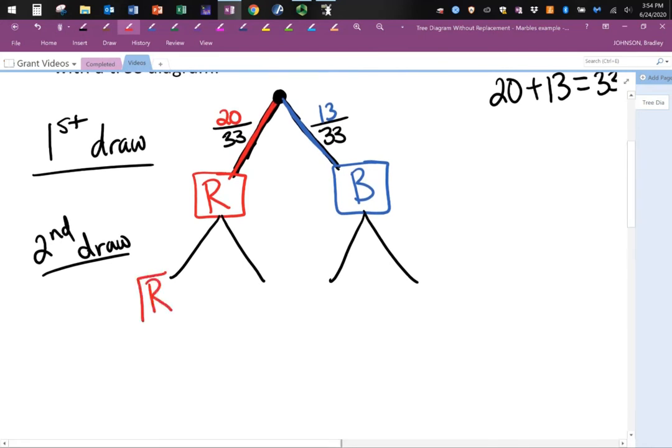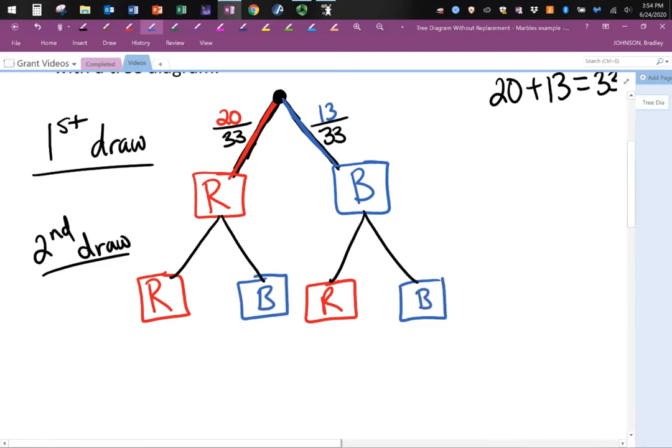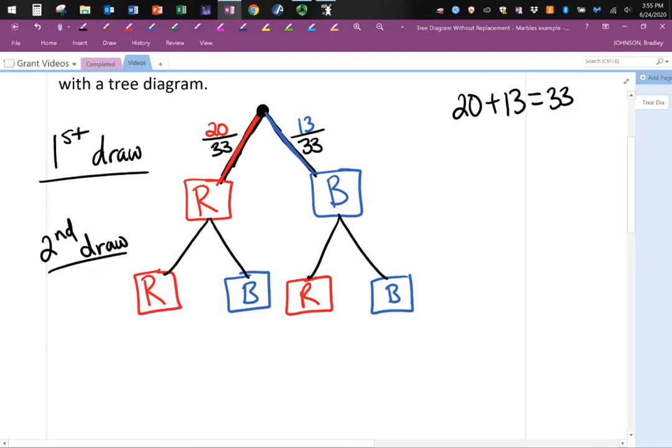Now, still in the jar, there's red in either of these examples, and there's also blue marbles in these examples. Now that we've drawn one marble out, we had 33 marbles in the first drawing. Suppose you're on the red path and you've drawn one red one. How many marbles are left over?